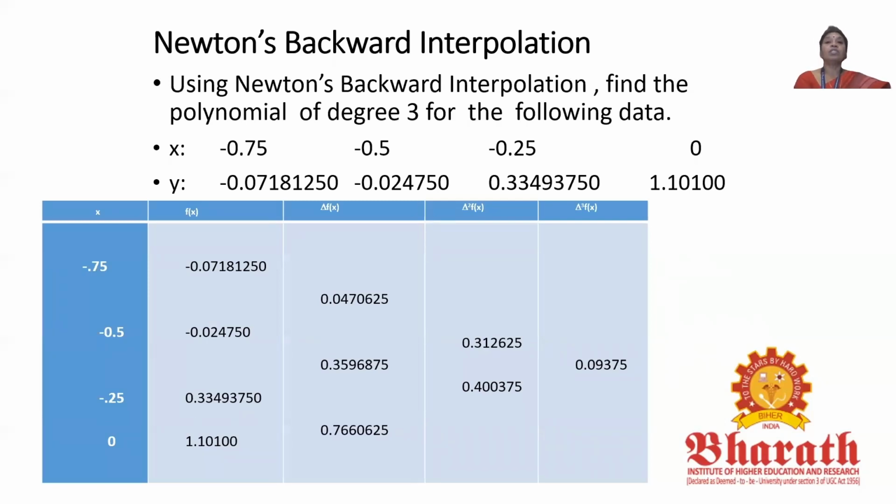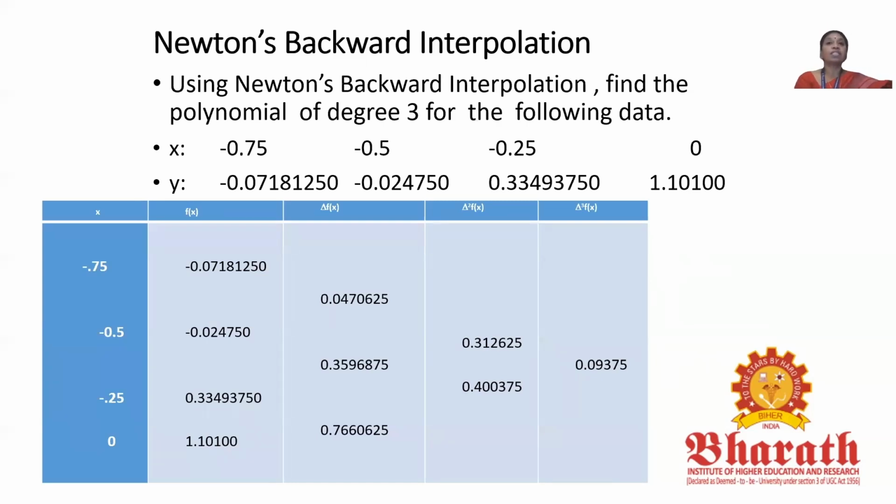Next, the x value is minus 0.5 and minus 0.0244750, and minus 0.25, 0.033493750. And next is 1.10100. As usual, we are writing the x values in the first column, the f of x values or the y values in the second column.